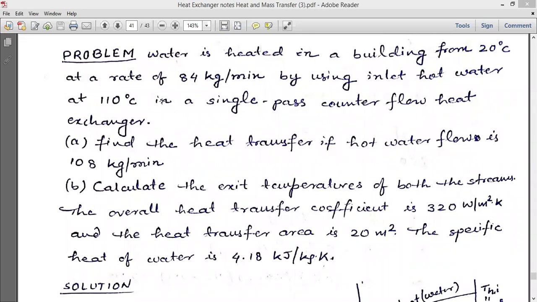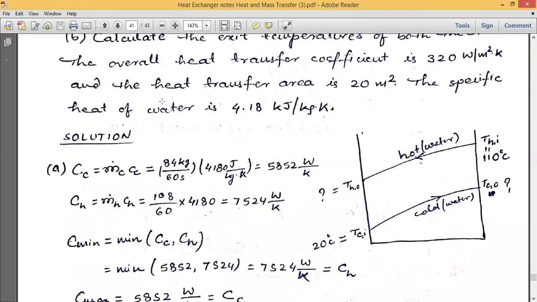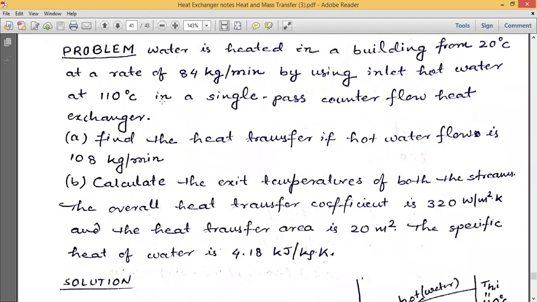So in these cases, see here, the water inlet temperature is given, hot water inlet temperature is given, and no other two temperatures are mentioned.